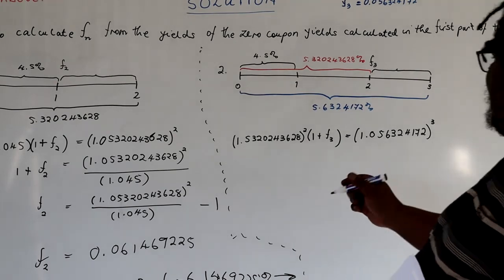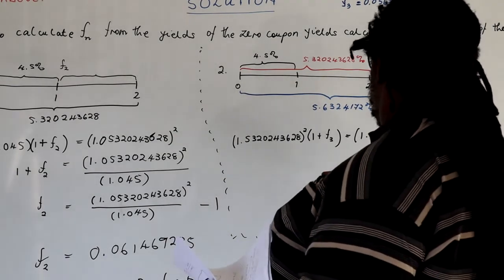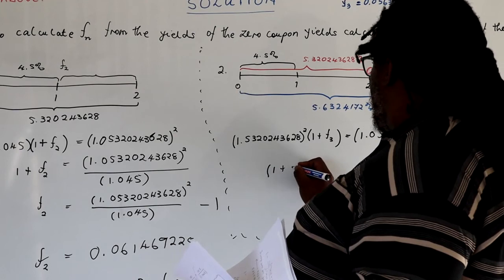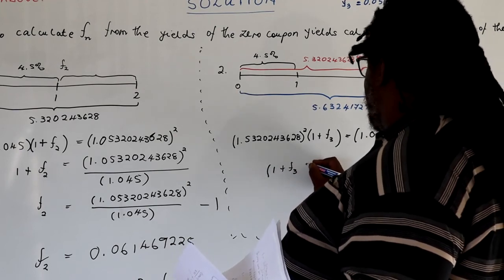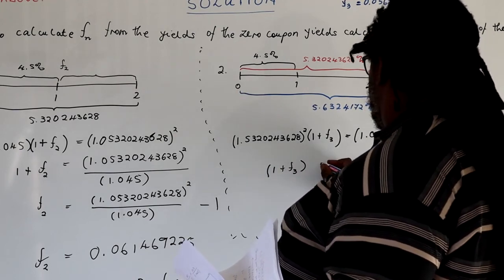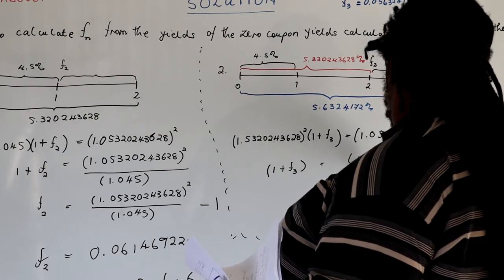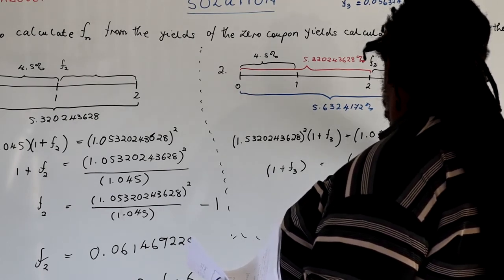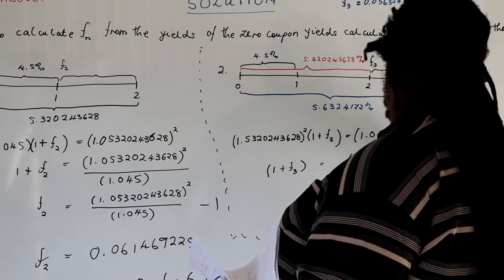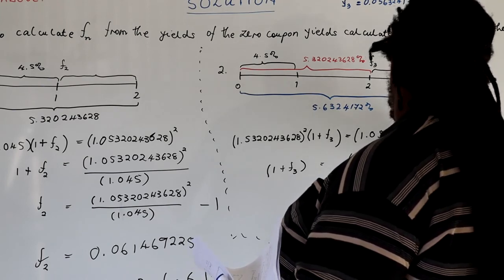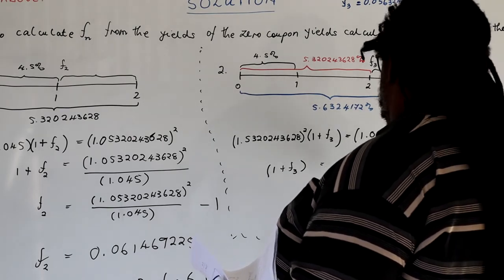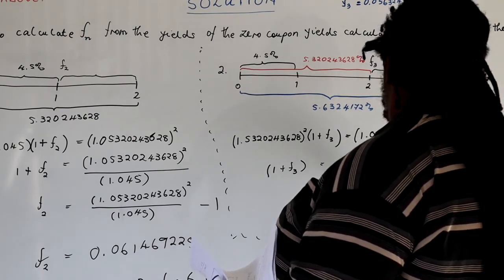So we bring this side to divide, and here we have 1 plus F3, which is equal to 1.056324172 to the power 3, all divided by 1.